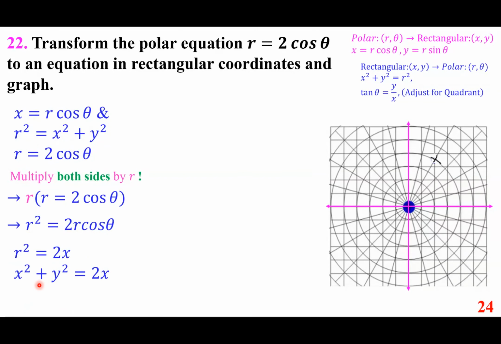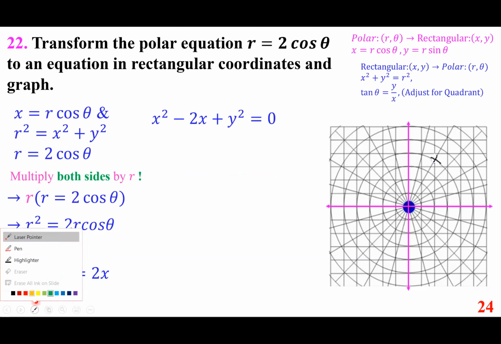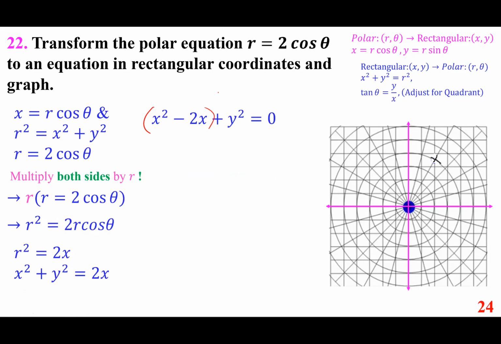We move the 2x to the left. We put these two together. And we do completing the square by saying b is -2, divided by 2.